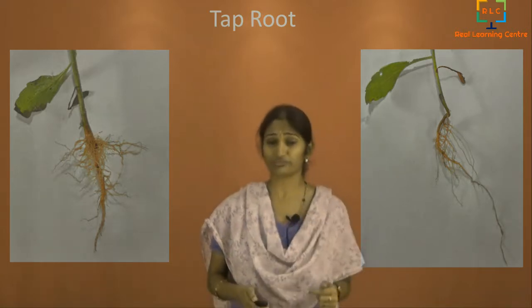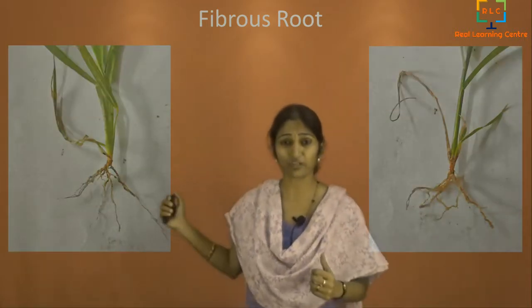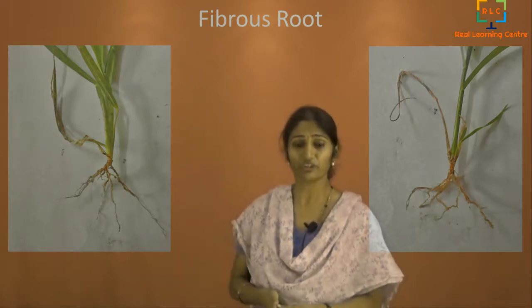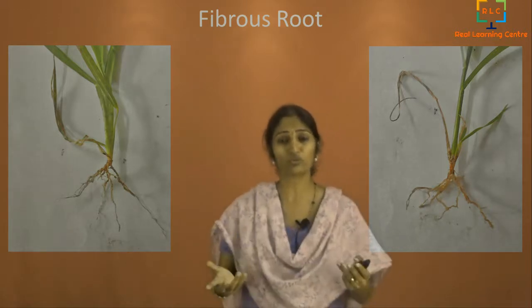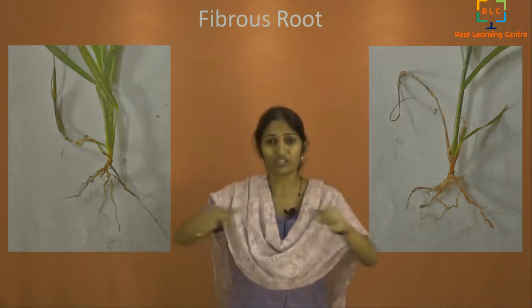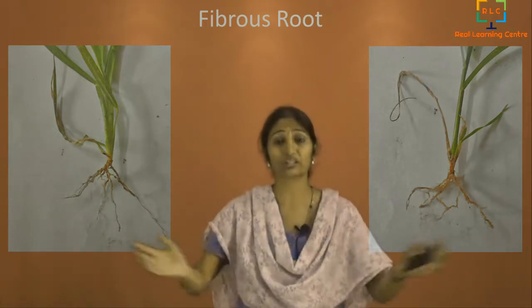The other kind of root which I was talking to you about was the fibrous root. The fibrous root is slightly different from a taproot. In these pictures, again of plants from my garden, you can see that there is no primary root at all. From one single point, there is a tuft of small fibers, small roots that come out.